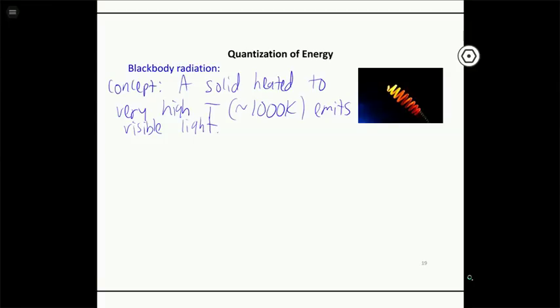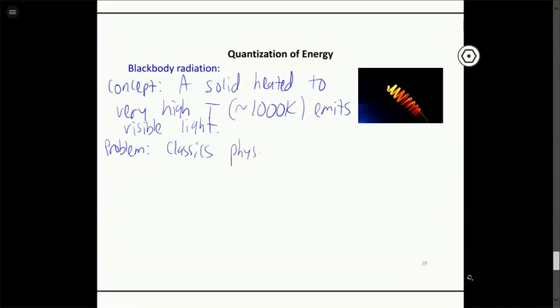They all knew that, but what was confusing about it was that classical physics assumes that matter can absorb or emit any quantity of energy.